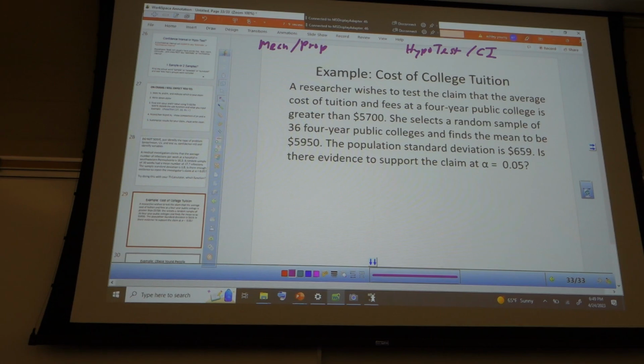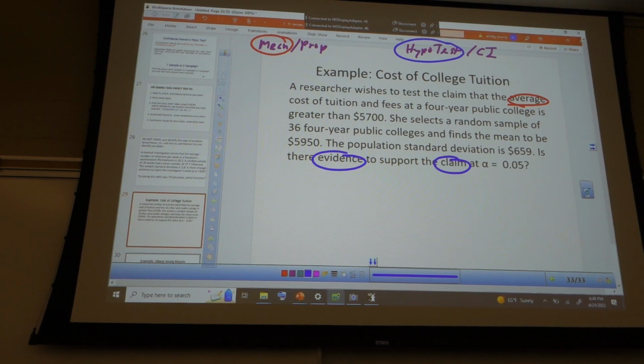I thought it was the same as the last one. Similar. Is it a mean or proportion? It's a mean. How do you know? It says average, standard deviation. Is it a hypothesis test or confidence interval? Hypothesis. How do you know? There's a claim and evidence. Everybody on board? Good.